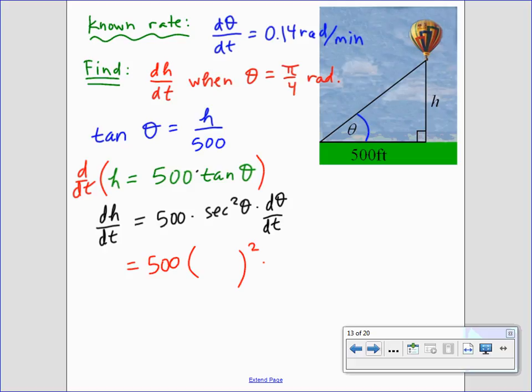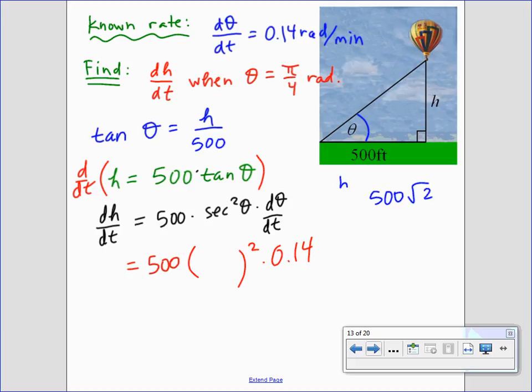500 secant squared and 0.14. So when pi over 4 is the angle measured on the inclinometer, we know that that's a 45-degree angle. Therefore, our secant ratio is given by hypotenuse over adjacent, because secant is the reciprocal of cosine. If this is 500, because pi over 4 is a 45 triangle, the hypotenuse would be 500 root 2.